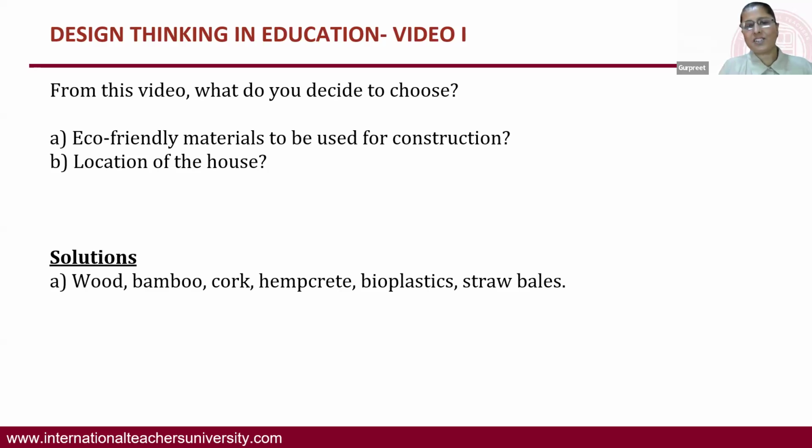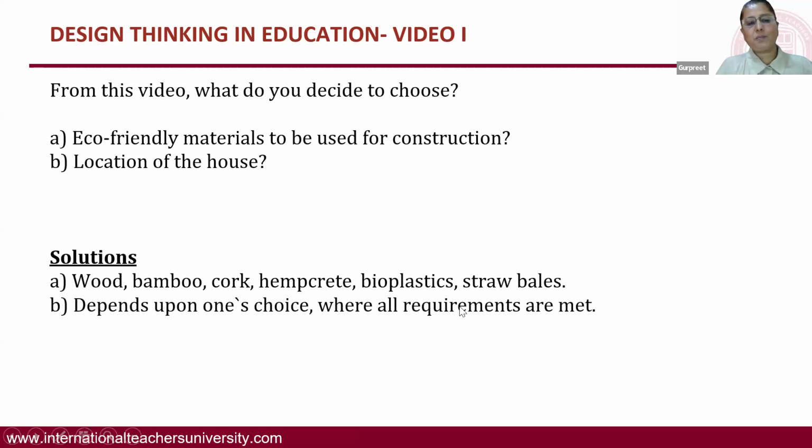So a lot of favorable conditions which we need to have for the location of the house, okay. Coastal areas, far from earthquake prone areas, okay. So it means we need the location of the house where all our requirements are met, isn't it? So it depends upon your choice where all requirements are met.